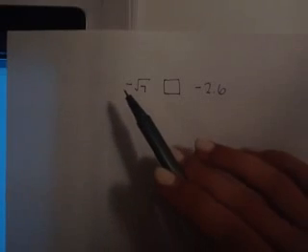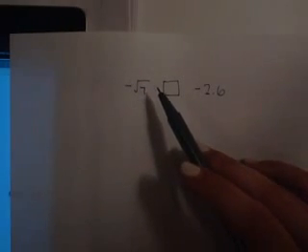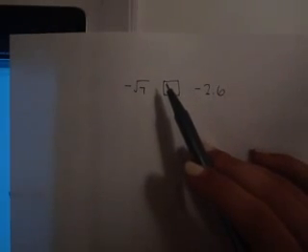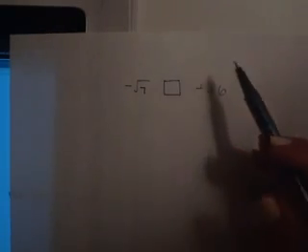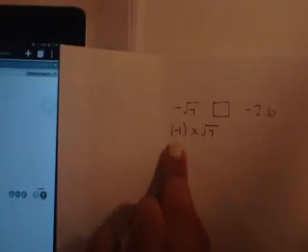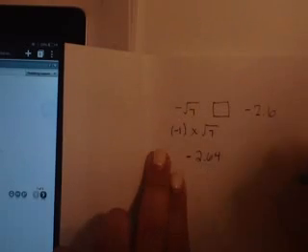Because this negative is on the outside of the square root of 7, we just would like to find the square root of 7 first. That's the same thing as multiplying negative 1 times the square root of 7. Okay, that's the same thing. So the square root of 7 is approximately 2.64, which is a negative, okay?